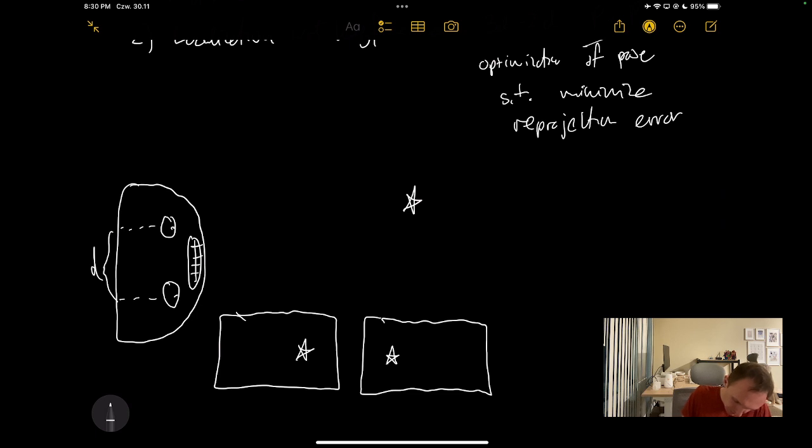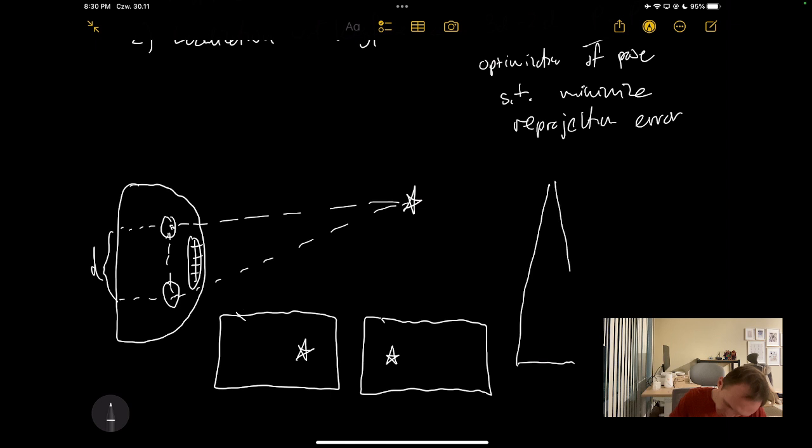So let me draw a triangle over here, starting with the eye and going to the star. If I draw this triangle again, in the bird's eye view, it looks something like this.